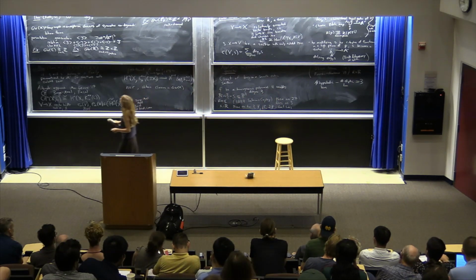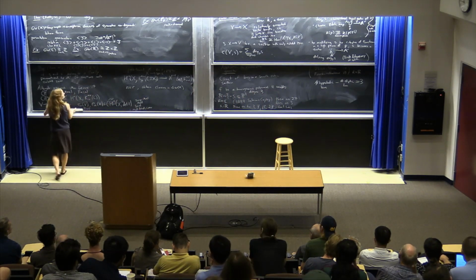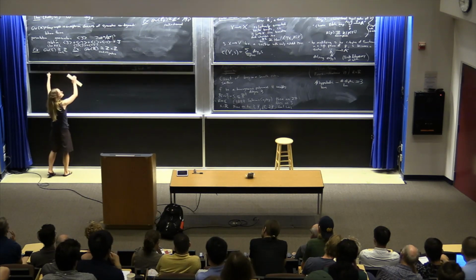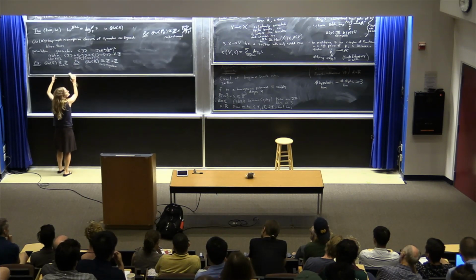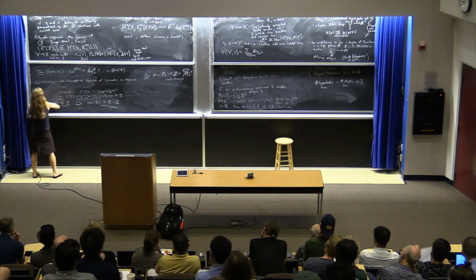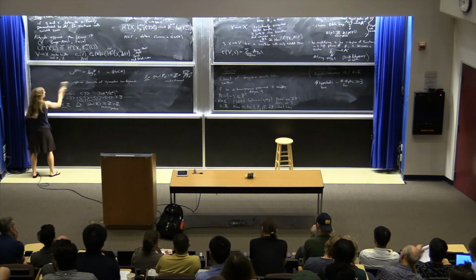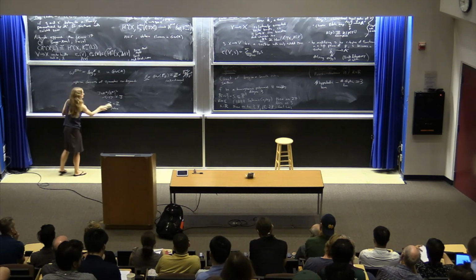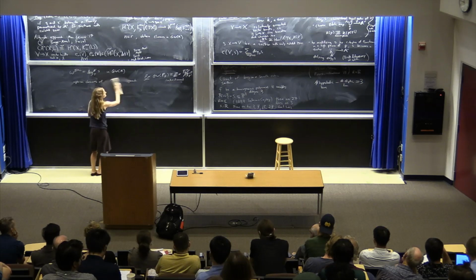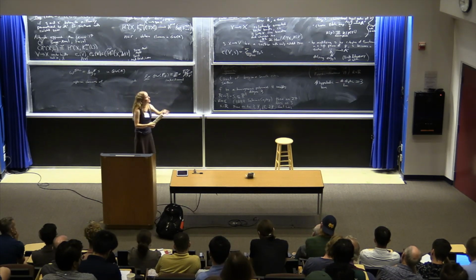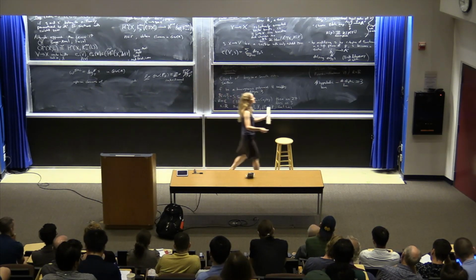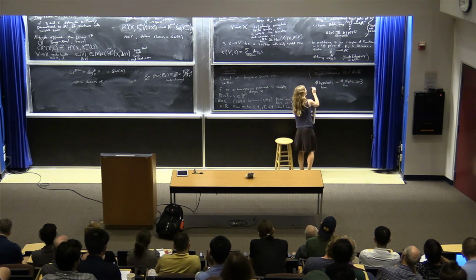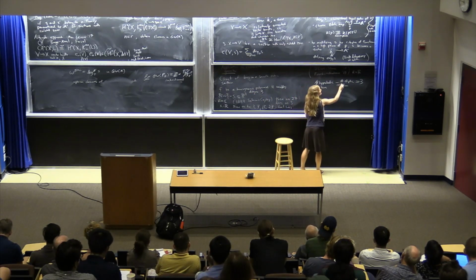And these are all lines over R. So these are the number of hyperbolic real lines, number of elliptic real lines.